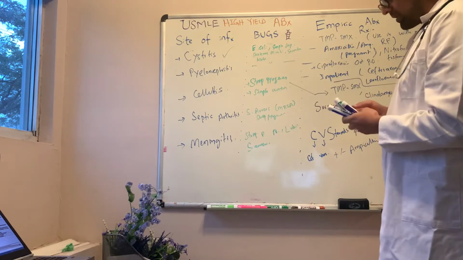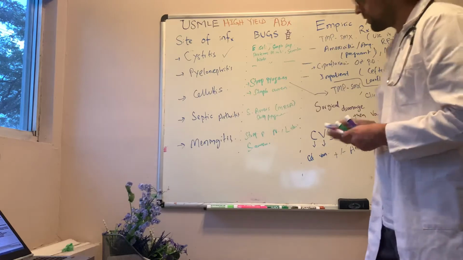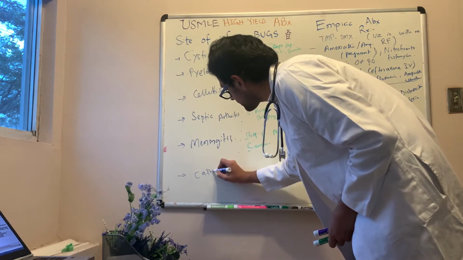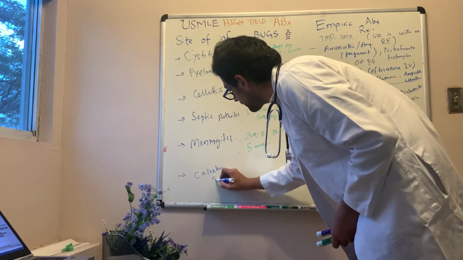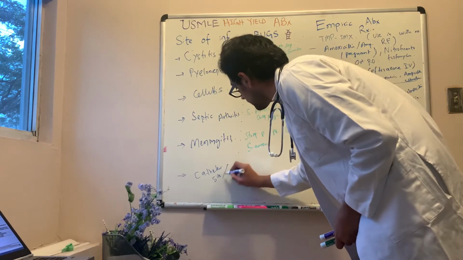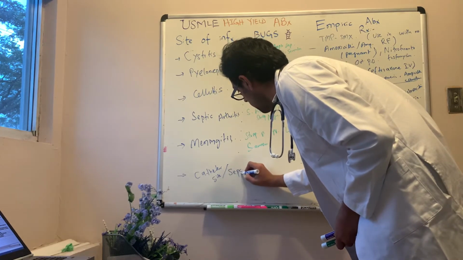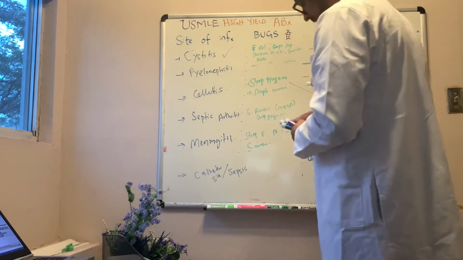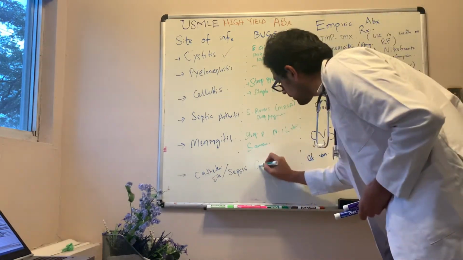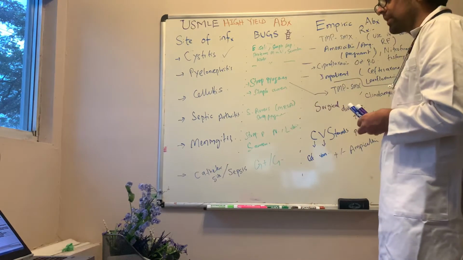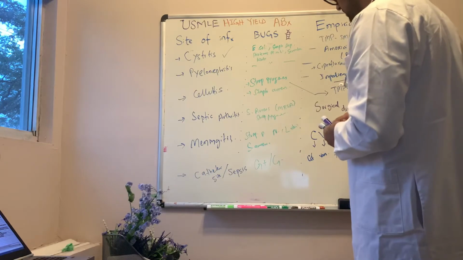Now the last one is catheter site infection, or catheter infection, or sepsis, you can say. So what are the bugs? Gram positive and gram negative. And what are the antibiotics?